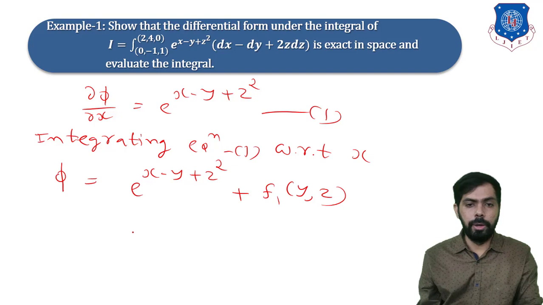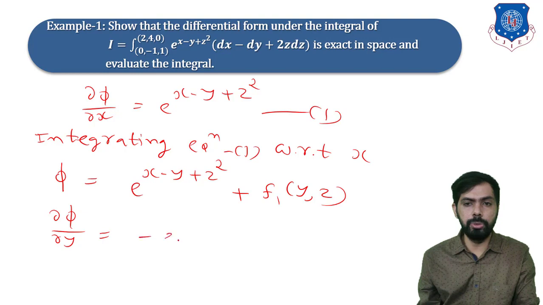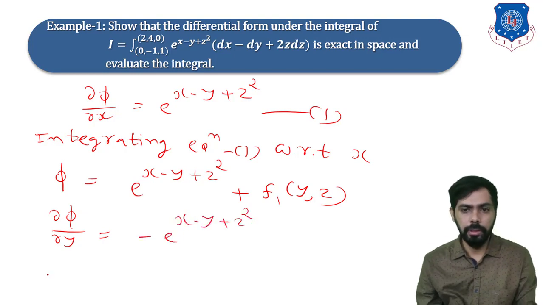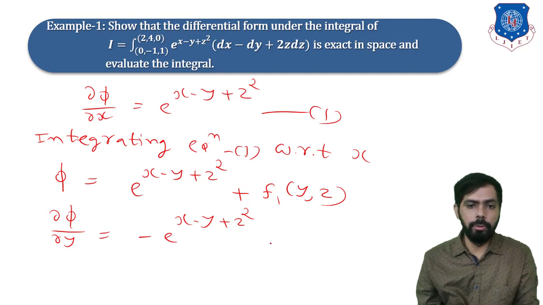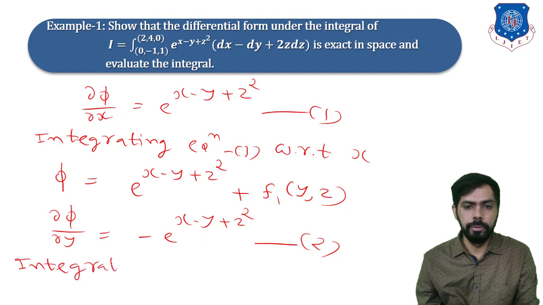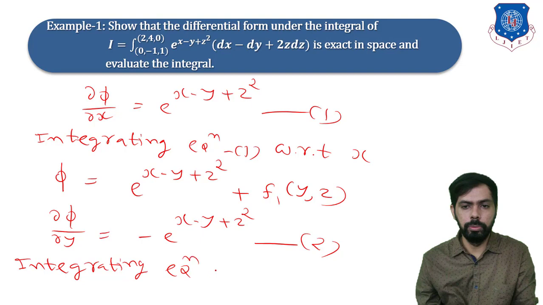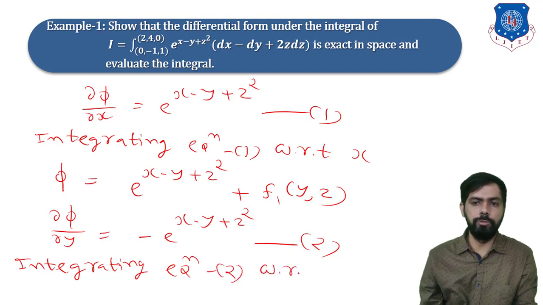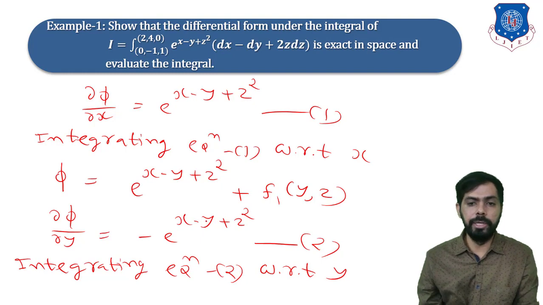Now del phi by del y will be minus e raised to x minus y plus z square. Okay, and suppose this is equation number 2. Now integrating 2 with respect to y, the integration of del phi by del y with respect to y will be phi, and the integration of e raised to x minus y plus z square will be e raised to x minus y plus z square divided by the coefficient of y, and here the coefficient of y is minus 1.